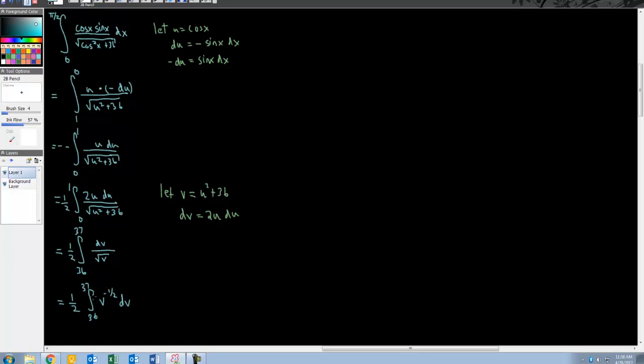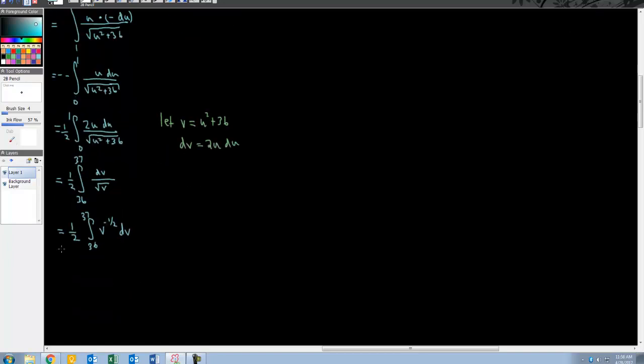That's a super easy integral to take care of now, because we know, okay, we have this 1/2 out front. We know the antiderivative of v to the negative 1/2 is, okay, increase the power by 1, so that's positive 1/2. Divide by that new power, which is 1/2, and we evaluate from 36 to 37.